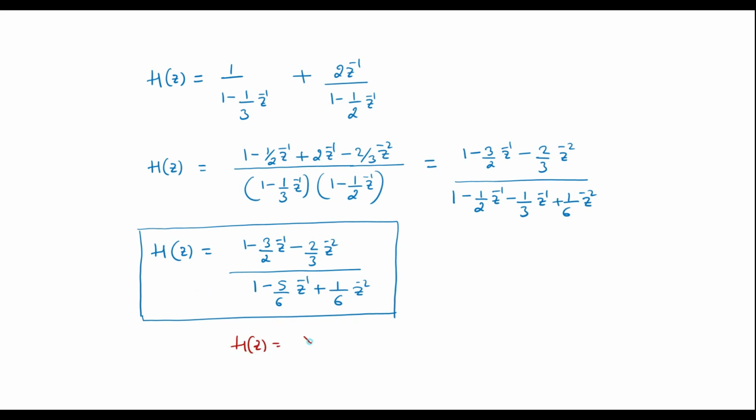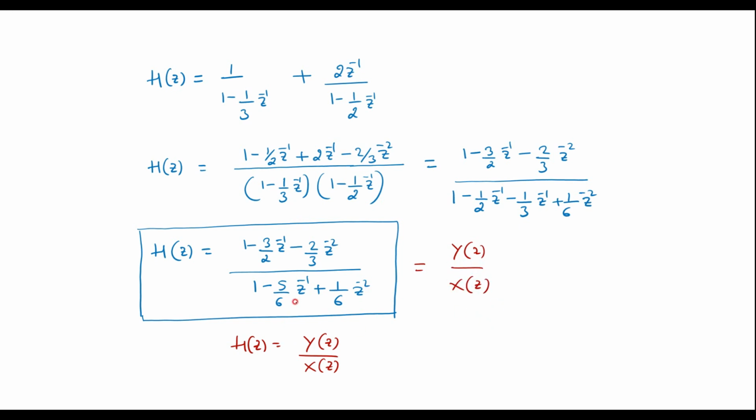H of z is equal to Y of z divided by X of z, that is output by input. So this equation is nothing but Y of z divided by X of z.